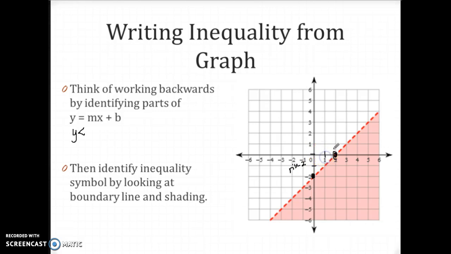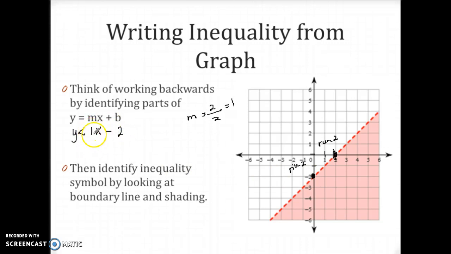And to the right 1, 2, we have a run of 2. So our slope is 2 over 2, which simplifies to 1. So we could write it as y equals 1x. And then our y-intercept: this boundary line is crossing our y-axis at -2. So we'd write it as -2.